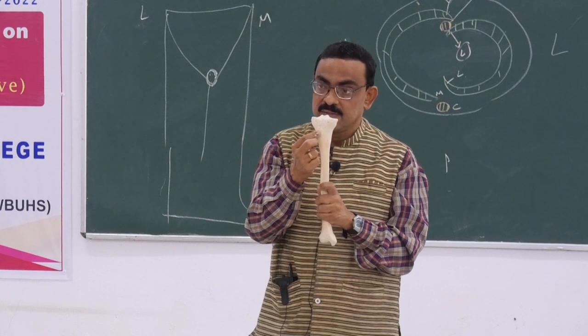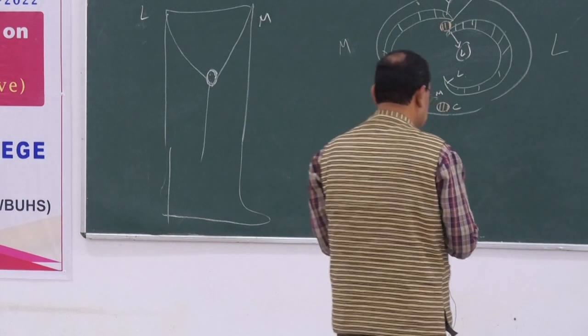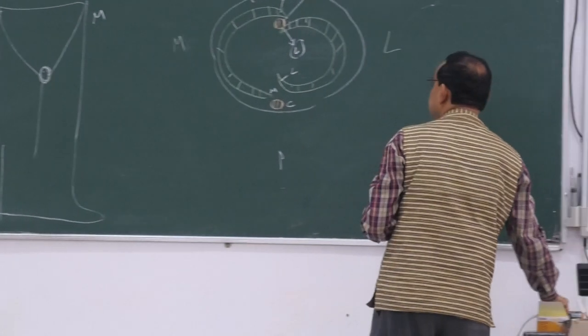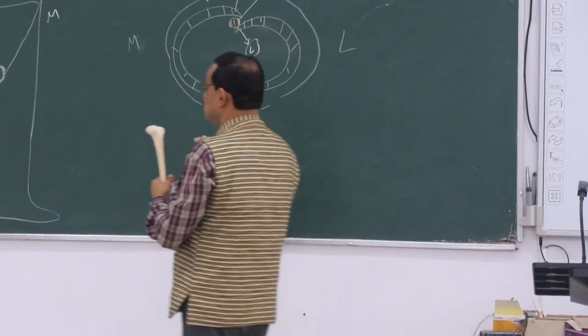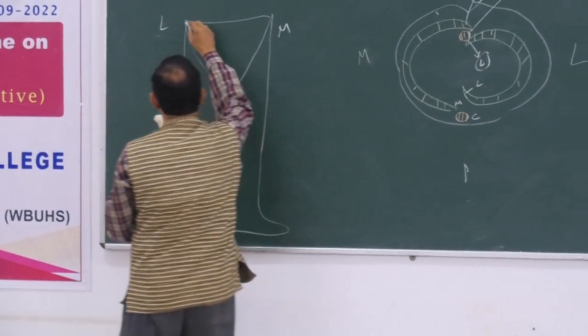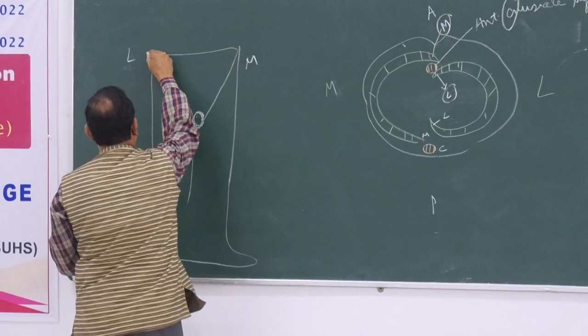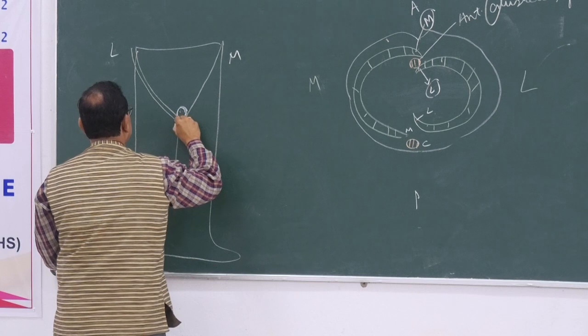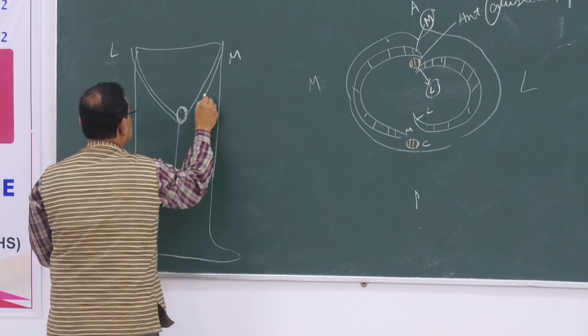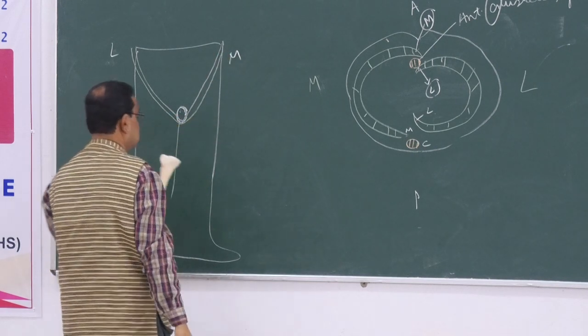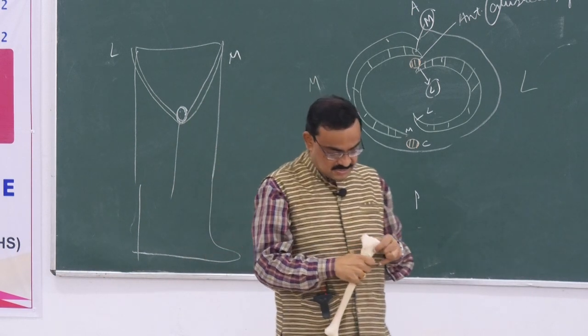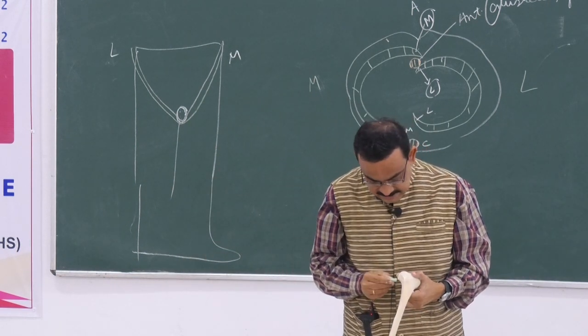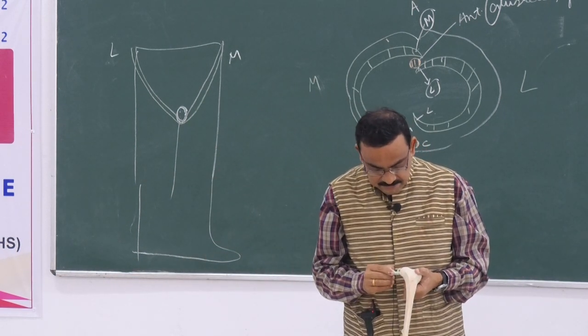Okay. So that articular cartilage will actually cover it. It will go down like this and it will cover the tibial tuberosity. So it is like this, around here.